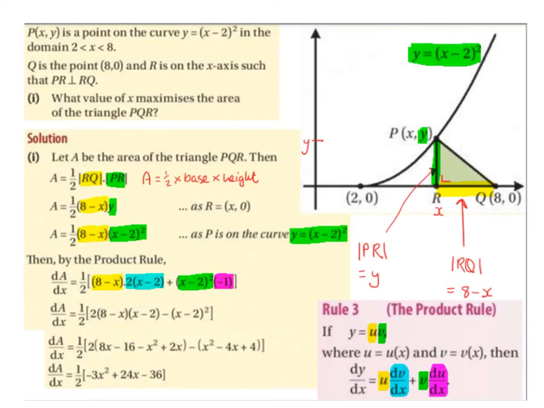Then we have our plus, we write down the v, which is (x minus 2) squared, and then we multiply that by du/dx. The derivative of 8 minus x is minus 1. Next we multiply out the brackets and simplify, and we get dA/dx equals a half times (minus 3x squared plus 24x minus 36).